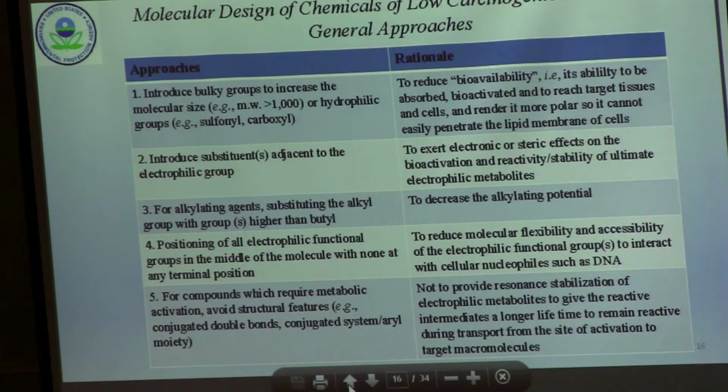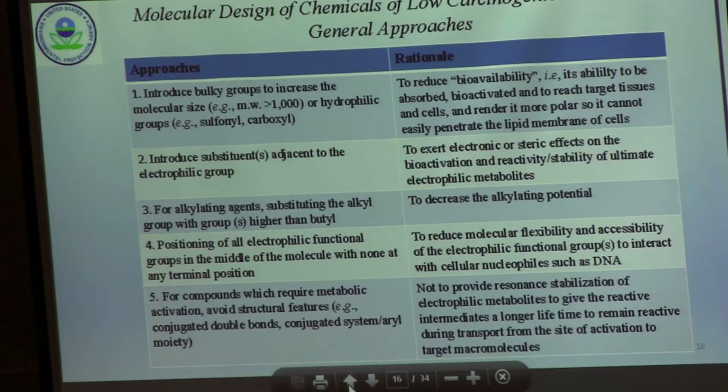And with the knowledge of the structural features that can affect the carcinogenicity of a compound, we can use it to reduce the carcinogenic potential using some of these general approaches for all chemicals. For example, you can introduce a bulky group to increase the molecular size.